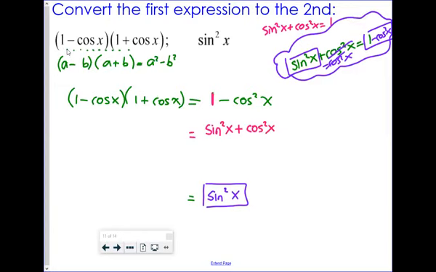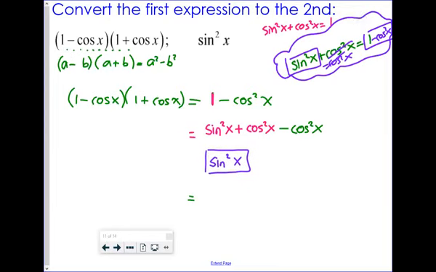Then we've got the minus cos squared x. And then hopefully you can see now that I've got a zero pair. I'm adding cos squared x and subtracting cos squared x, so they cancel. You're just left with the sine squared x. That's probably a better way of doing it than thought bubbles off the side. I see too much of it in my head as I'm going along.